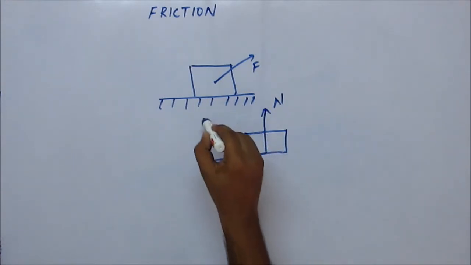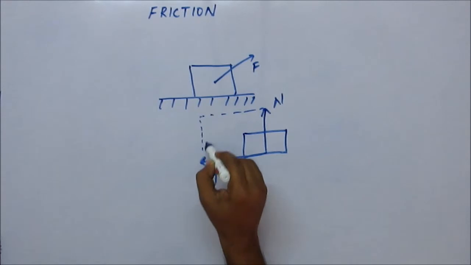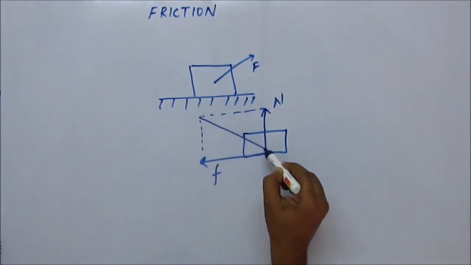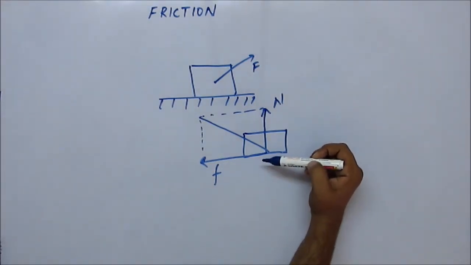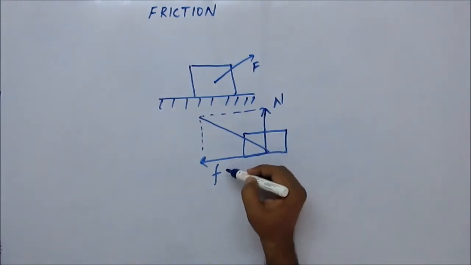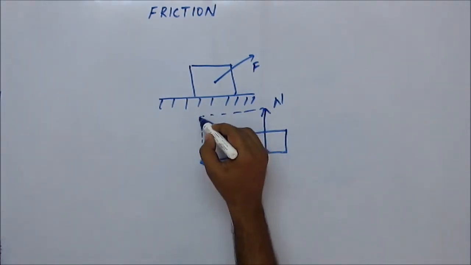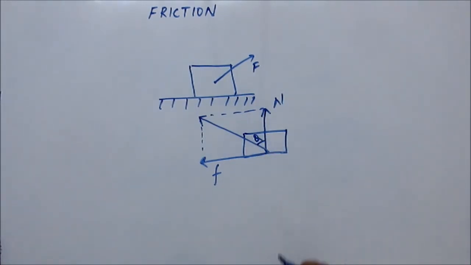The angle of friction is defined as the angle which the resultant of the contact force makes with the normal reaction. These are the two vectors, normal reaction and friction. You remember the parallelogram law of vector addition? Now the resultant of this friction force and normal reaction will be something like this. And the angle which this resultant makes with the normal reaction, if that is theta, is called the angle of friction.